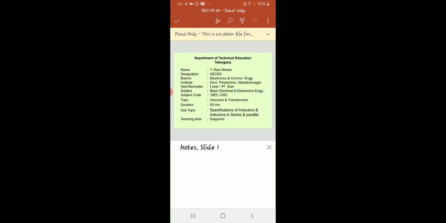Now let us try some assignment questions so that we can work them out at home for further understanding. Let us try comparing the series aiding inductors and also the series opposing.